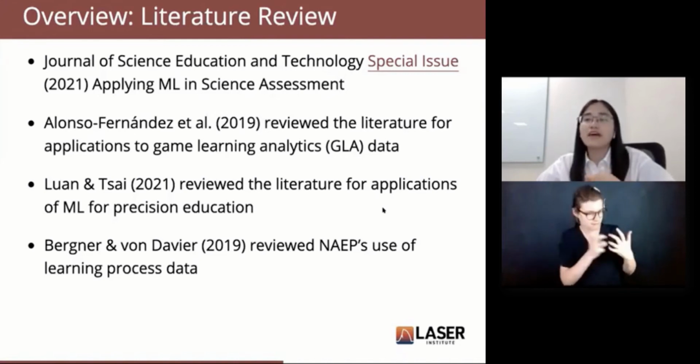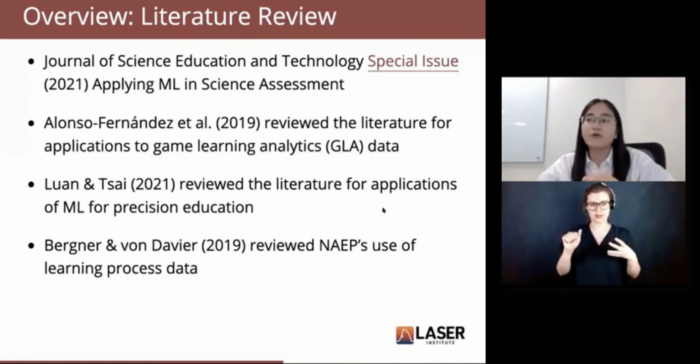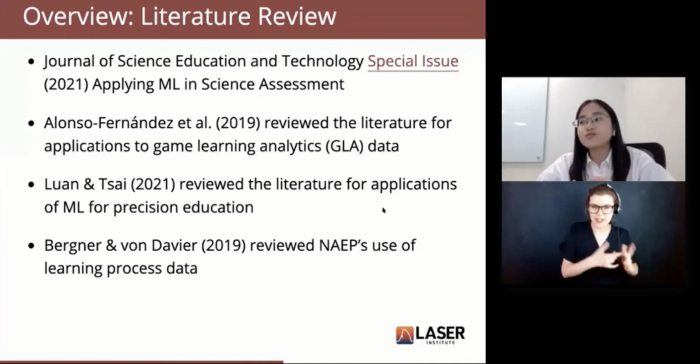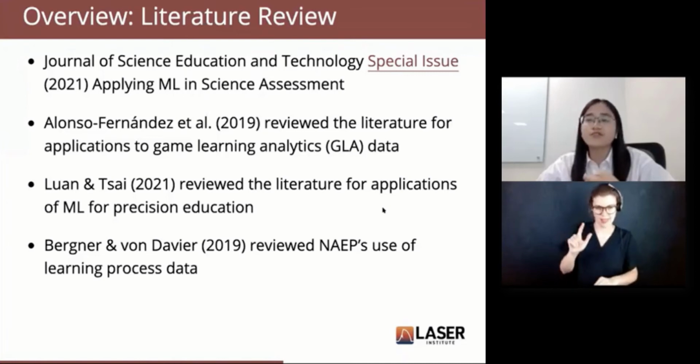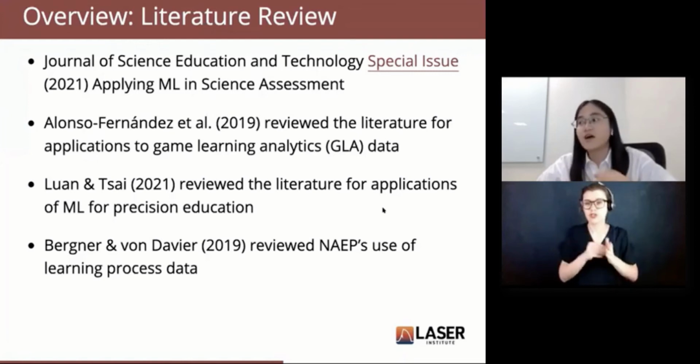They also show that serious games can be designed for computational assessment using machine learning. Another review study, by Luan and Tsai, reviewed the literature on applications of ML for precision education. This review showed that the majority of studies focused on the prediction of learning performance or dropouts, and were carried out in online or blended learning environments among university students majoring in computer science or STEM.